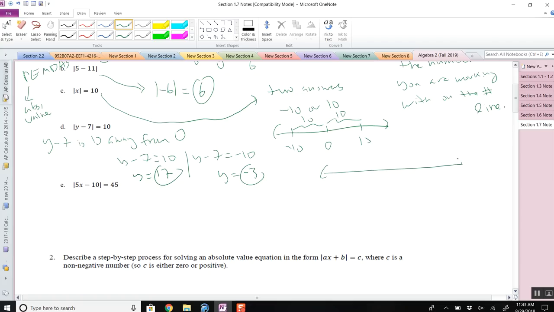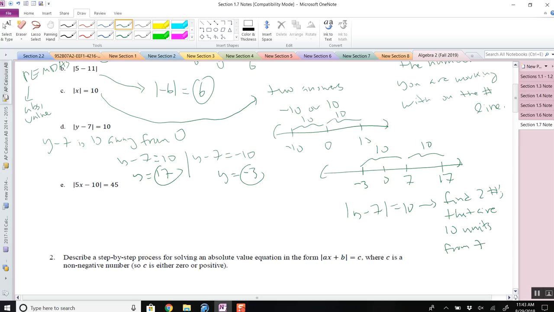And by the way, I know I have 0 on the number line, but really I'm looking for numbers that are 10 away from 7. That's really what's happening. When you have absolute value of y minus 7 equals 10, what it really means is find two numbers that are 10 units from 7.